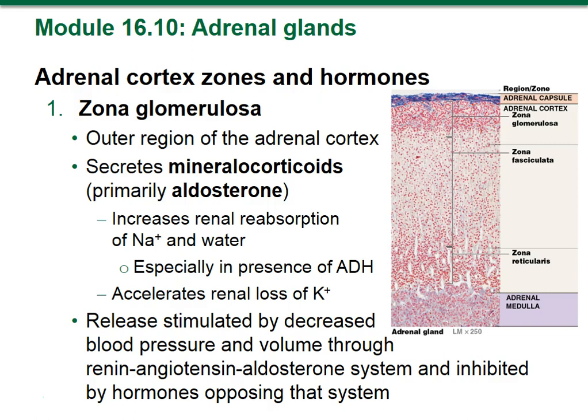Aldosterone increases renal reabsorption of sodium and water. And especially we see this if antidiuretic hormone is being produced. So if we're producing ADH, you're also going to be seeing aldosterone. And that accelerates your renal loss, or the kidney loss, of potassium.